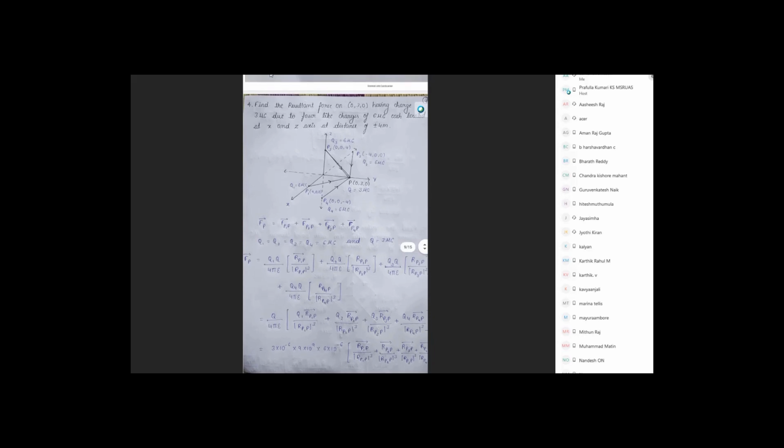So what you should do, while calculating the solution, you need to draw the figure on the coordinate axes x, y and z. So first charge is located on x-axis at 4 meters. So let us take the point P1 as 4 0 0. The corresponding charge is taken as Q1, which is equal to 6 microcoulomb.